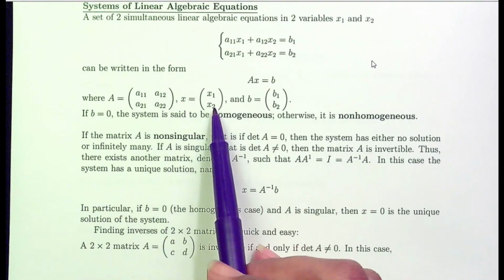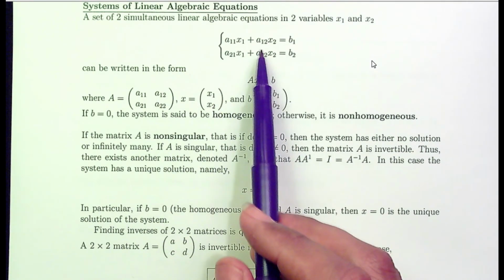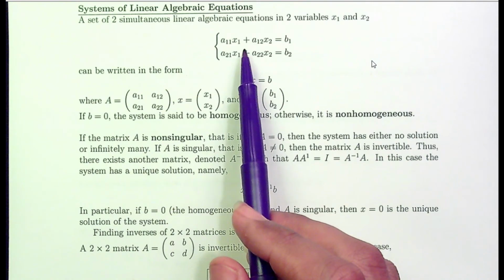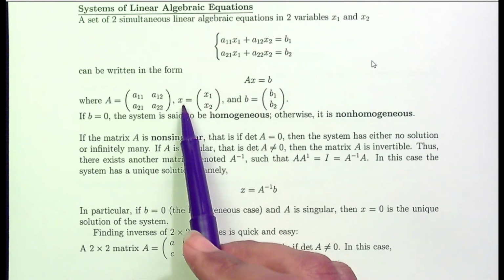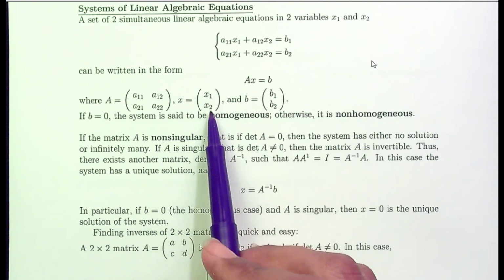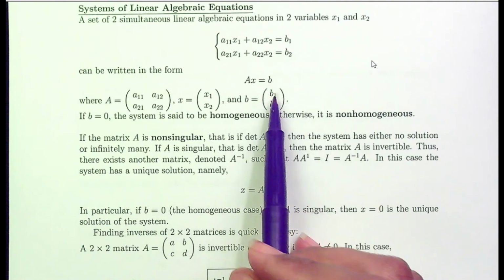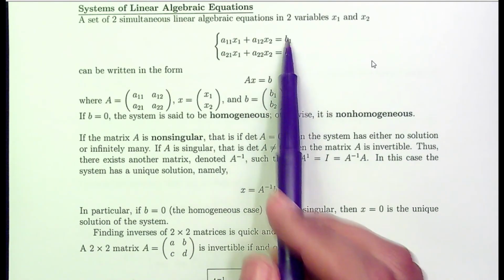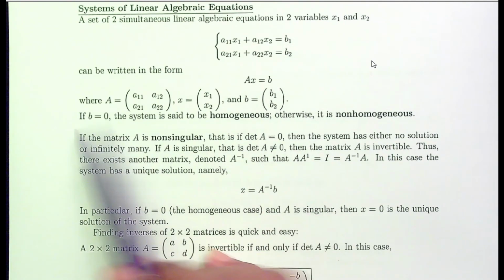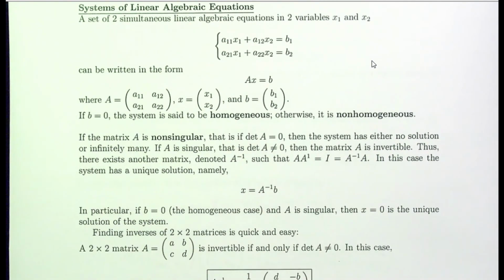The variables in this system are x1 and x2 instead of x and y, so x is the vector x1, x2, and then these numbers are your b. When b is 0, that is called a homogeneous system. If the vector b is not 0, then it's called a non-homogeneous system.